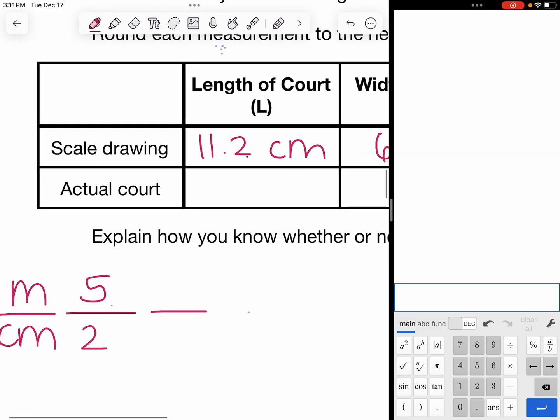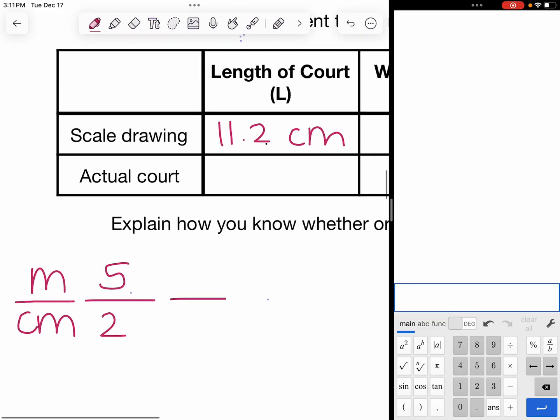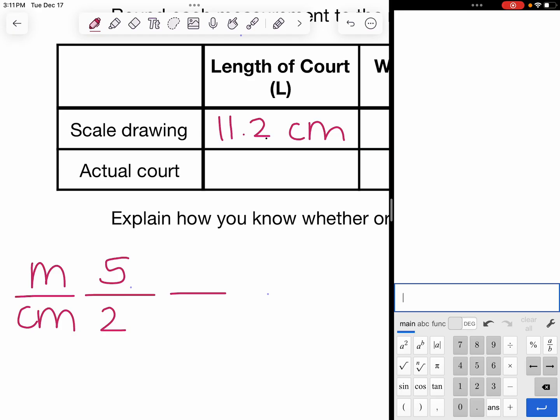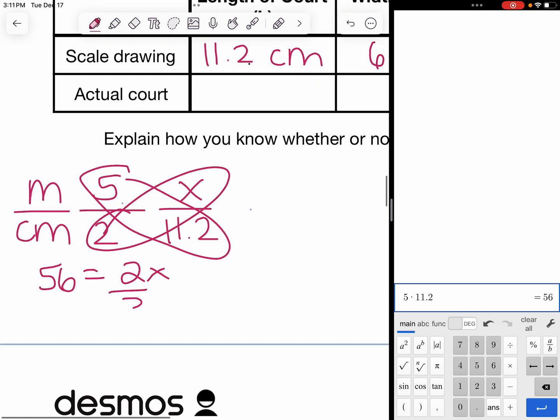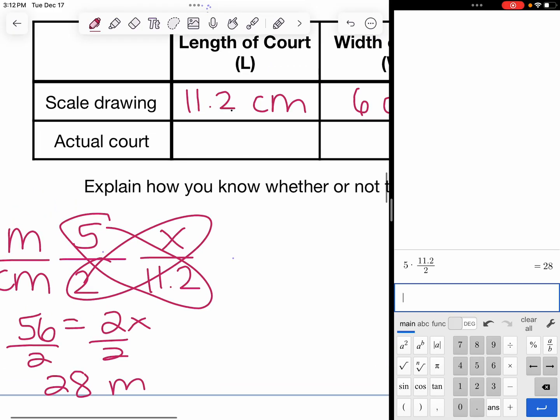Our length of the court was 11.2 centimeters, so that is the bottom, and x goes on top. We do our butterfly. 5 times 11.2 is 56. 2 times x is 2x. We divide by 2, divide by 2. 56 divided by 2 gives us 28, and we're talking meters. So that is our answer for the first one.